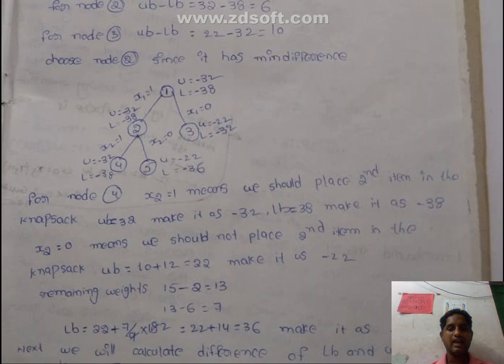Next we will calculate the difference between the lower bound and upper bound for nodes 4 and 5.